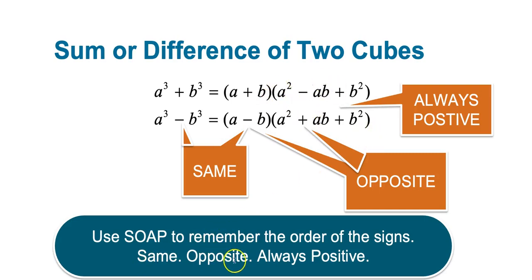SOAP stands for same, opposite, always positive. The first sign will always be the same as the sign of the unfactored form. The next sign is the opposite of that, and the last sign is always positive. Thus, you can just memorize one formula, then use the acronym to get the other.